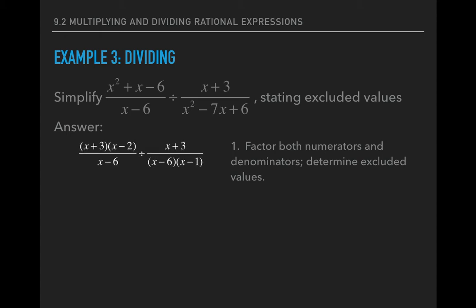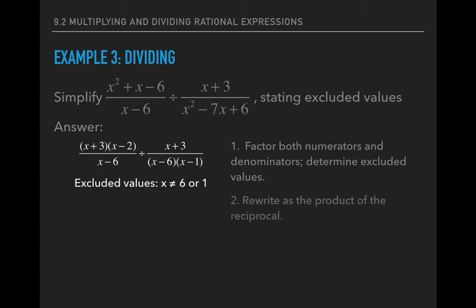That numerator for the first would be x plus 3 and x minus 2, and for the second expression in the denominator you can factor, and it would be x minus 6 times x minus 1. Our excluded values would be 6 or 1.